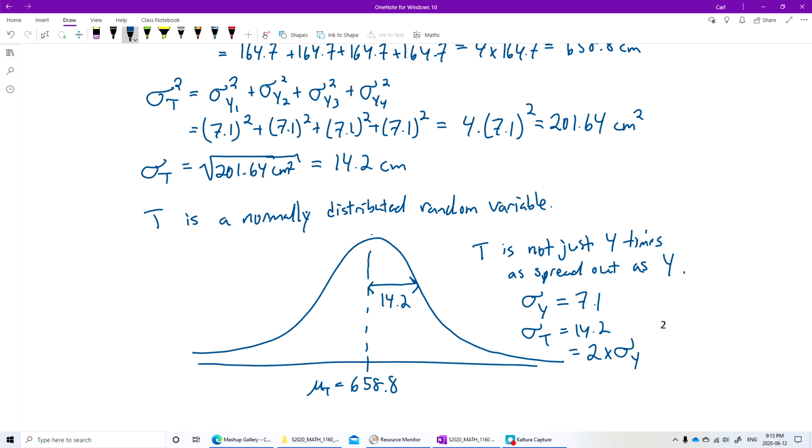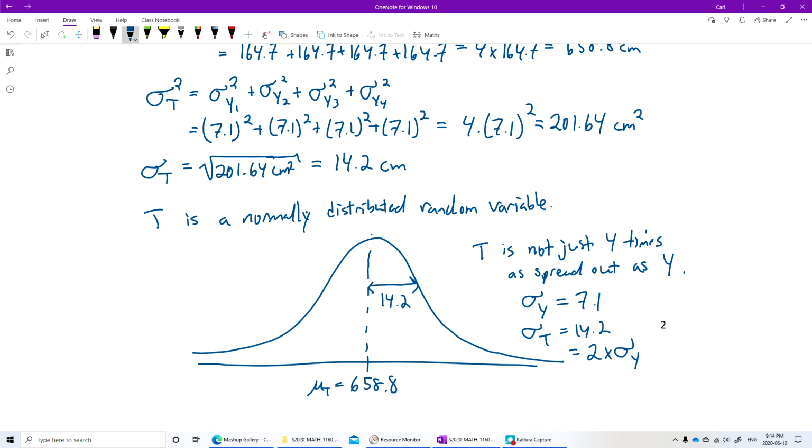It's because if you take 4 women, it's very unlikely that all 4 are going to be tall, right? Probably some of them will be shorter than the average. So when we add them together, the shorter ones plus the taller ones will kind of pull each other towards the middle.